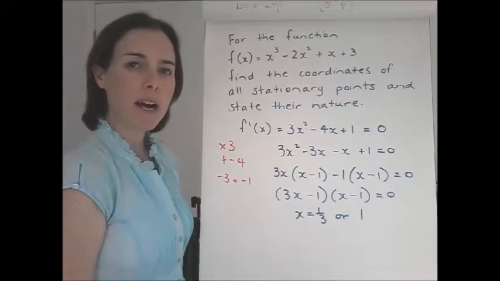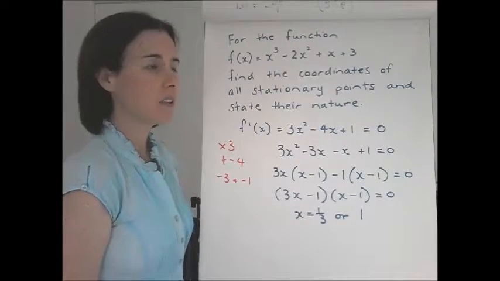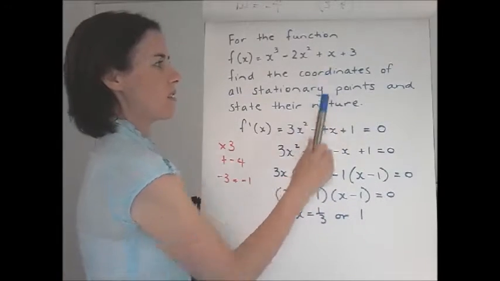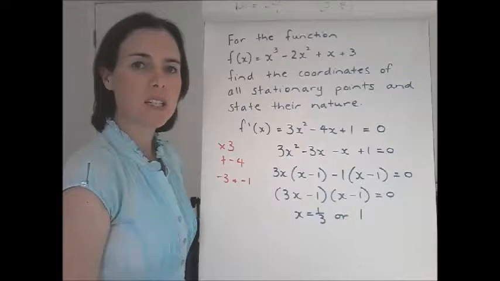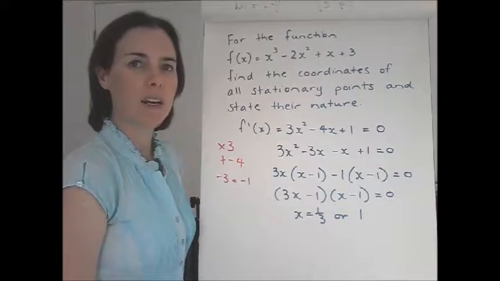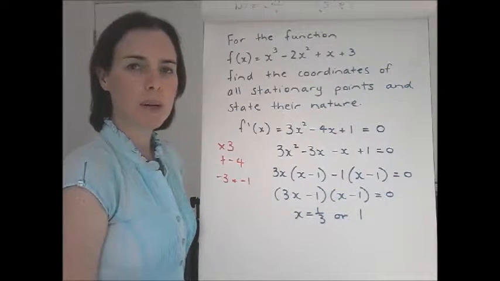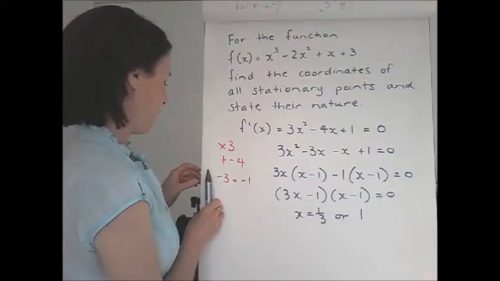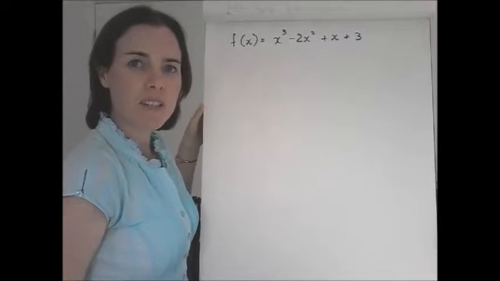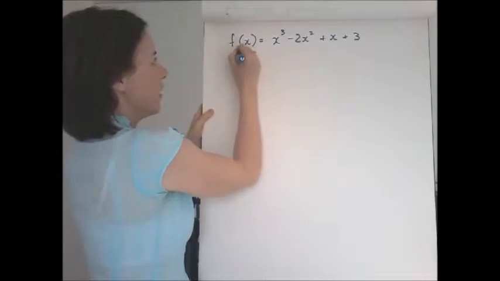Now, if we look back at the wording of the question, we need the coordinates of all stationary points. Now, the word coordinates means you need the x value and the y value. So that will be my next step, to find the y value of each of these. Now, the first x value that we got was 1/3.